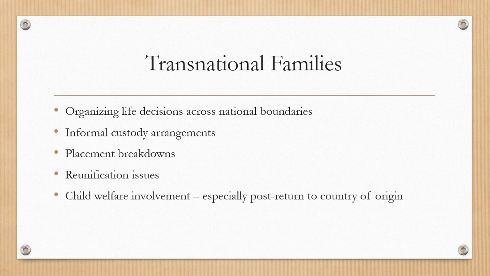This can look like families that certain members have left and gone to another country, and yet they continue to participate in family life. They continue to support one another economically, make custody decisions, make decisions about returning to countries of origin or kind of how to organize childcare. This can also be a result of forced family separation as a result of families needing to make these decisions.